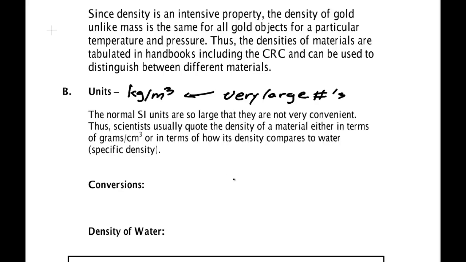It turns out density is used in lots of other places, so more people work in grams per centimeter cubed. So 1 gram per centimeter cubed, and then you want to find out what that would be in kilograms per meter cubed. It would be 1,000 kilograms per meter cubed.